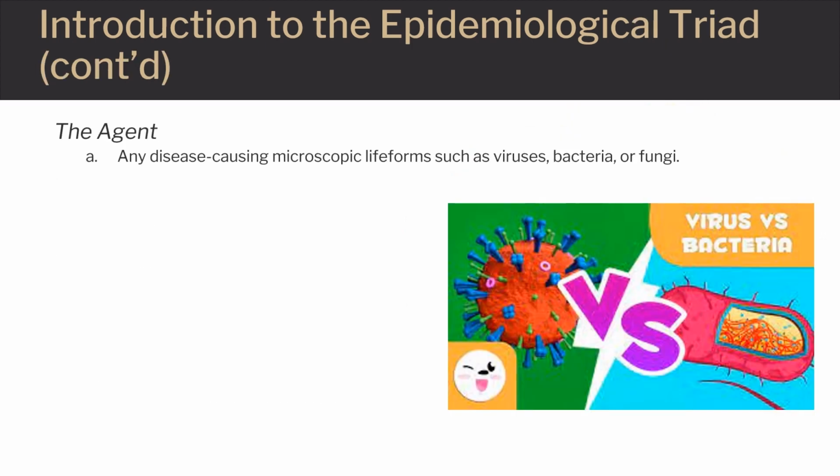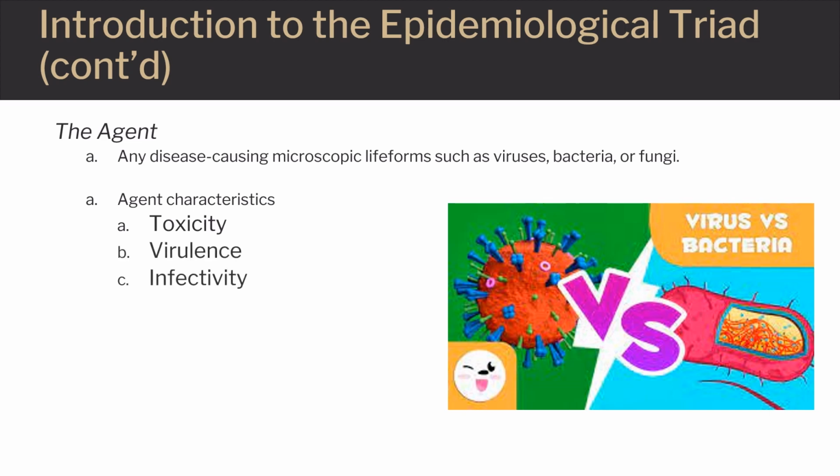This slide discusses specific characteristics of infectious disease agents, pathogens. An agent's toxicity, virulence, or infectivity refers to its ability to cause an infection. The higher the values of each of the three concepts, the more easily a pathogen can spread across populations.